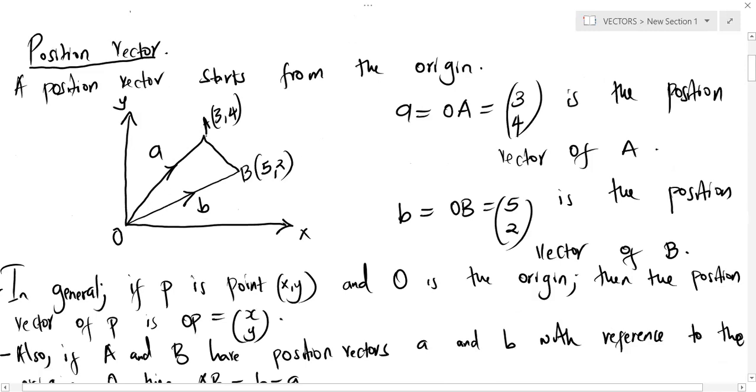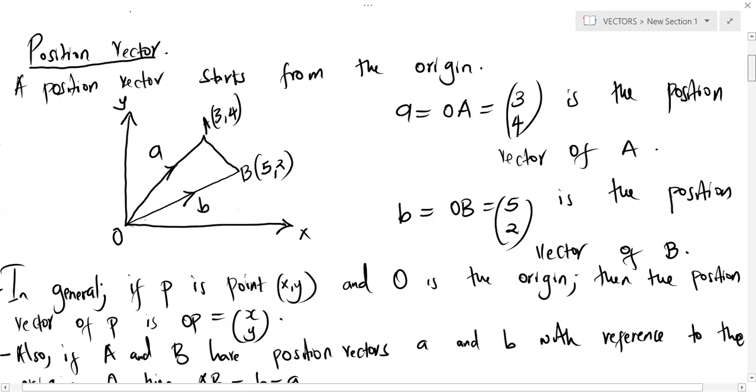That's the position vector OA, which is (3, 4), 3 units on the x-axis and 4 units on the y-axis. And when we look at B, the position vector of B, as you can see, it's from the origin O to B, and it's represented as (5, 2). That's basically the position vector. So the position vector is basically from the origin.